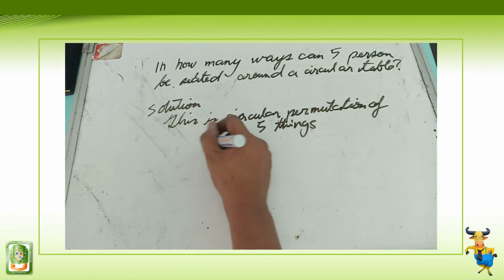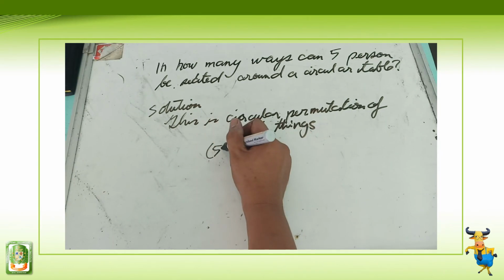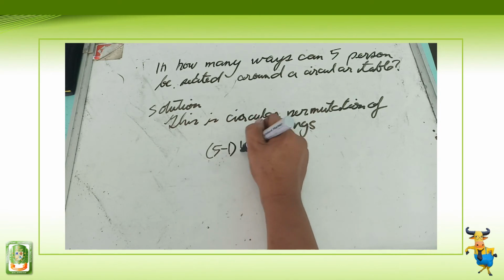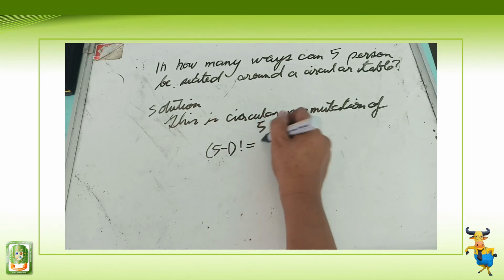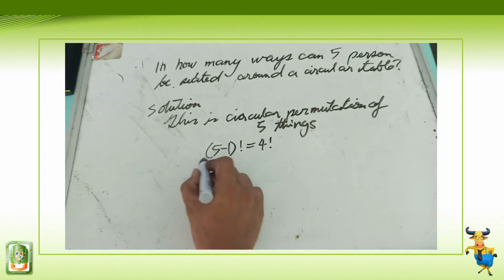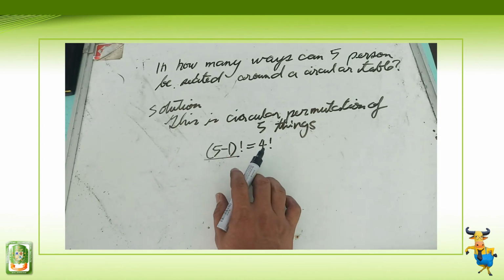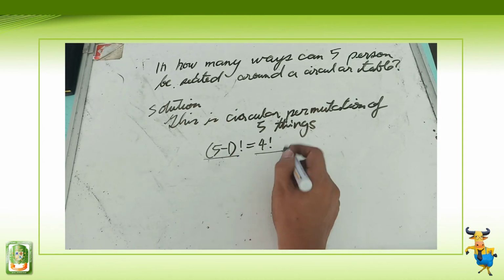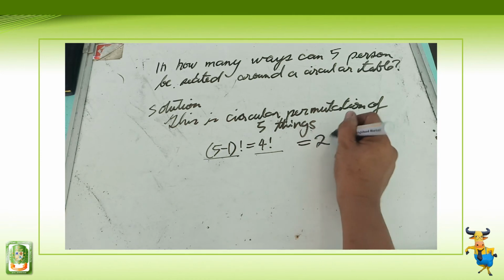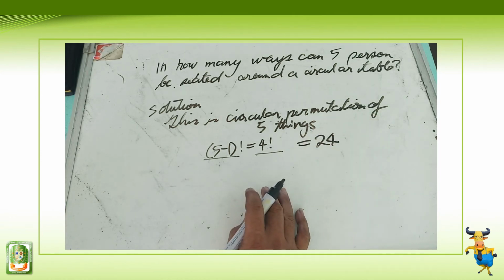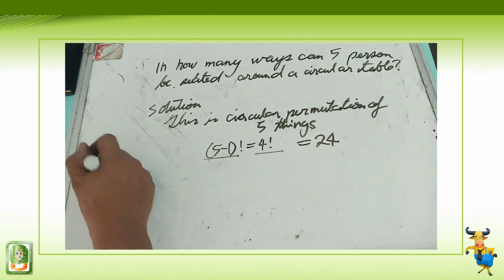Therefore, 5 minus 1 factorial is equal to 4 factorial. So, binawasan na natin kagad yung isa. So, 4 factorial is equal to what? 24. Tama po ba? Tama po ba?